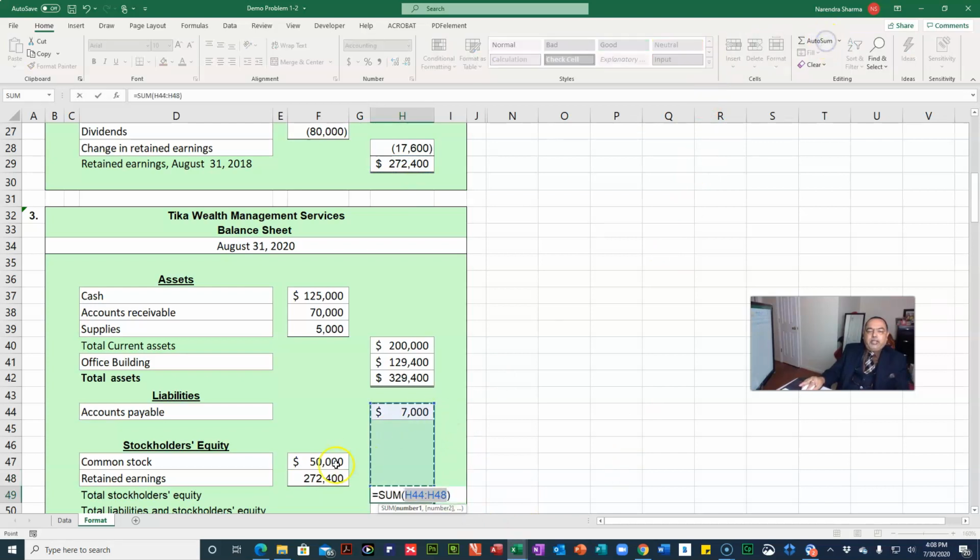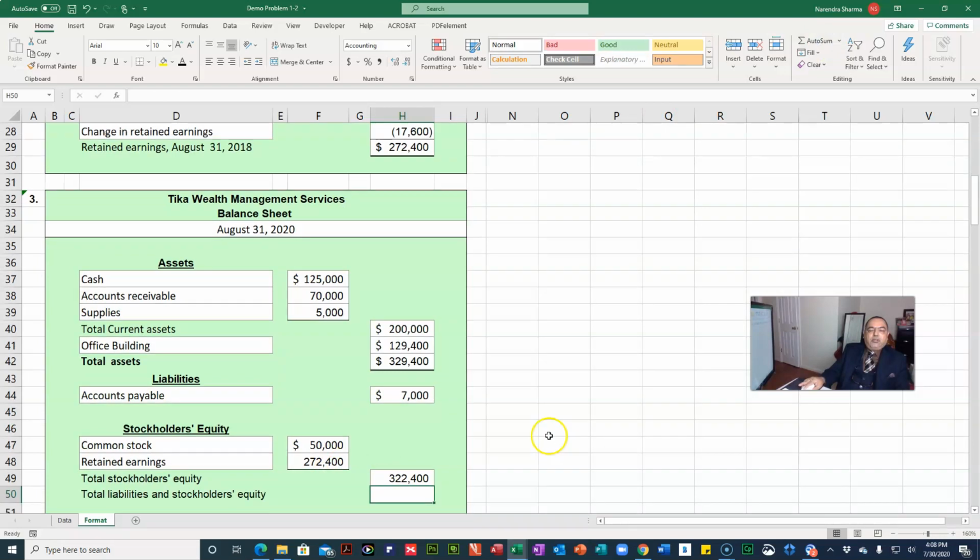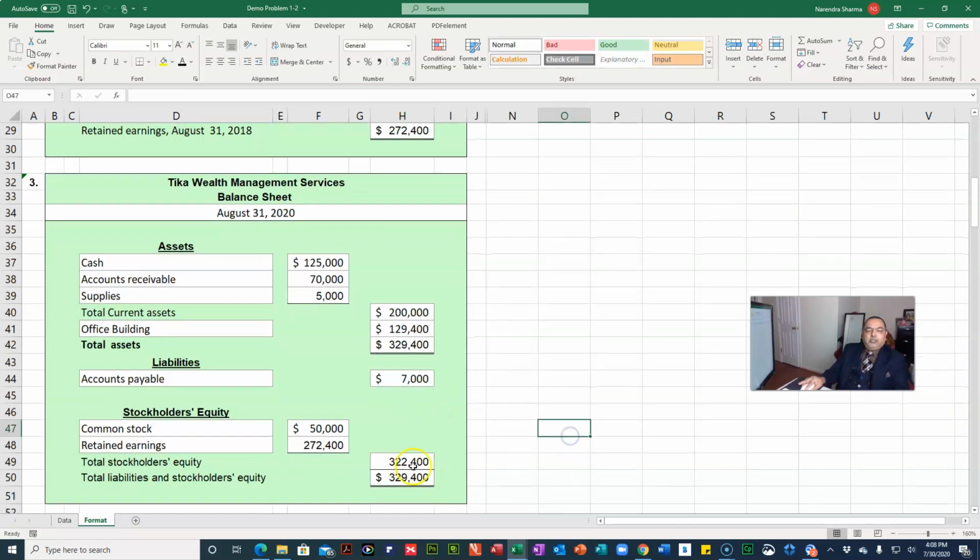So if you add these two amounts, the stockholders' equity is 322,400, and this one plus the liability should be equal to the total assets. And if you see, it is equal right here, so that is equal. So that means our balance sheet is prepared well.